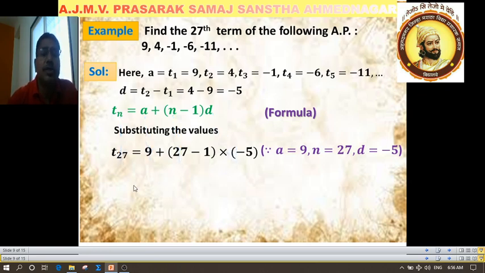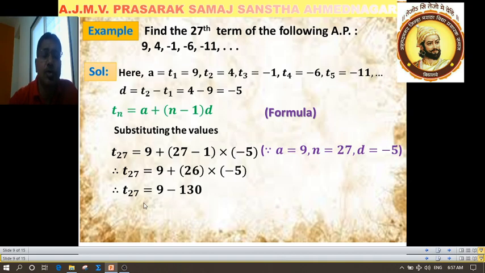So T27 is equal to 9 plus 26 into minus 5. 26 into minus 5 means minus 130. So T27 is equal to 9 minus 130, which means T27 is equal to minus 121.